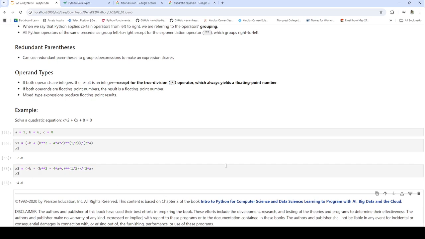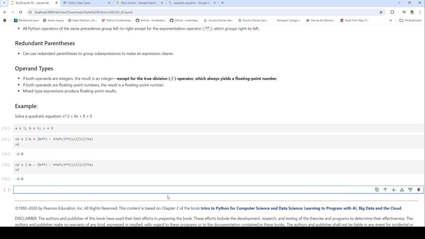Okay, so if you want to present the result, the best way is to print: the roots of the equation x squared plus 6x plus 8 are x1, x2.